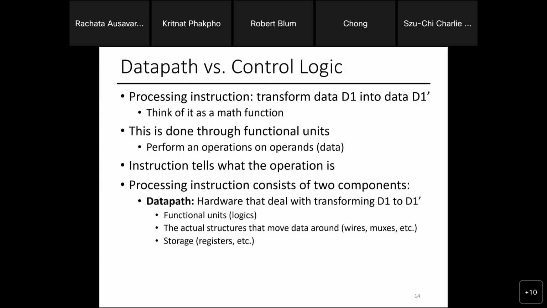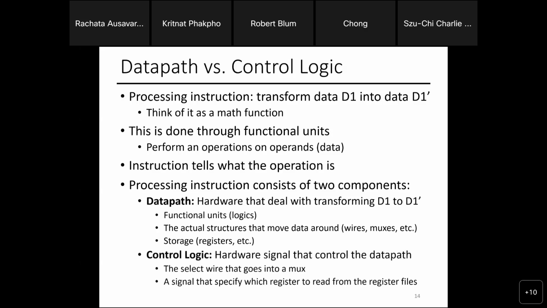The wires that move things around are also the data part. The control logic means that these are the signals. Think of it as a brain signal to say, hey, do the add, do the multiply, select this wire, select that wire. That signal controls the data part: enable this, disable this, go here, go there.